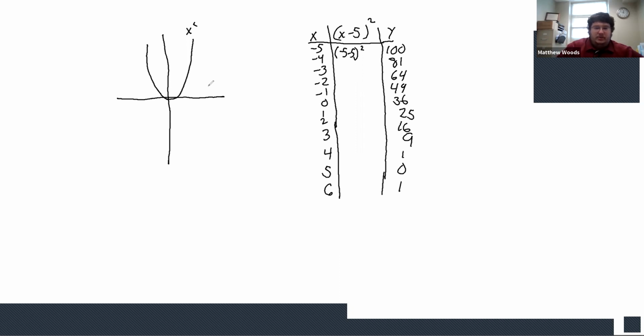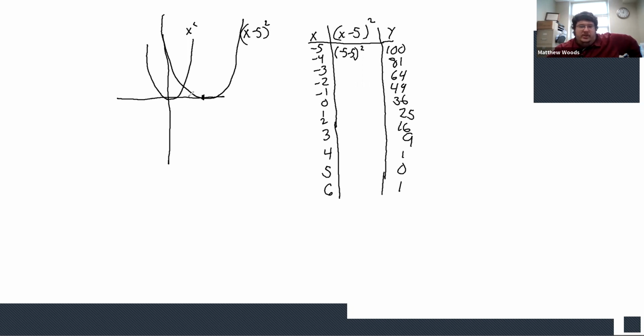So my 0 is over here at x equals 5, and it's going up like that. So this is x minus 5. Now we know how this is supposed to look.